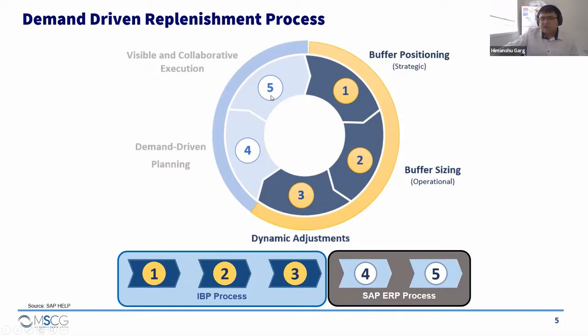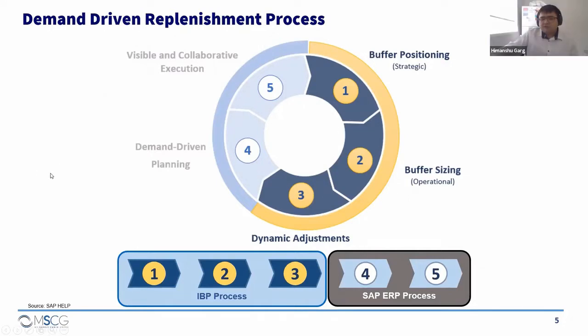Because in IBP, as I said earlier, we have very strong analytics and visualization capabilities. So Himanshu, coming out of my past experiences, I know that this process can be entirely managed within the S/4HANA arena that SAP comes up with. Why do you think people should consider SAP IBP to manage this DDR process?